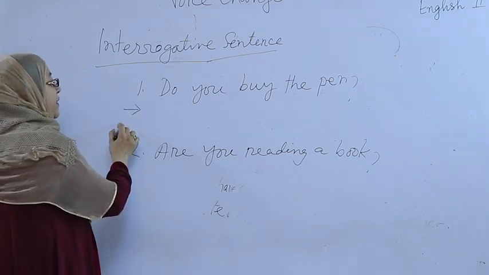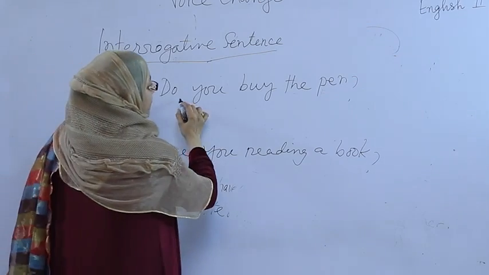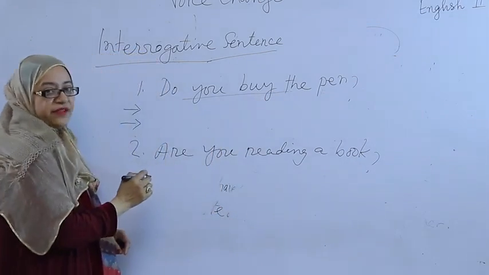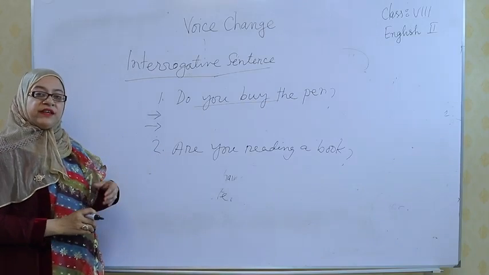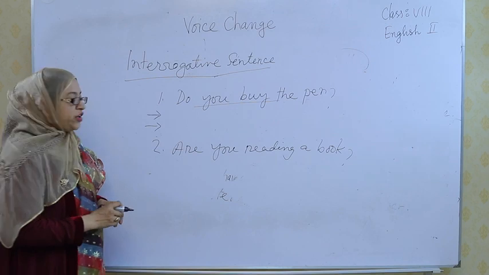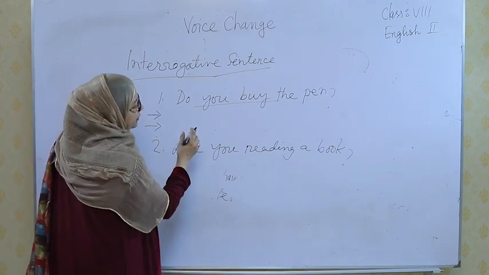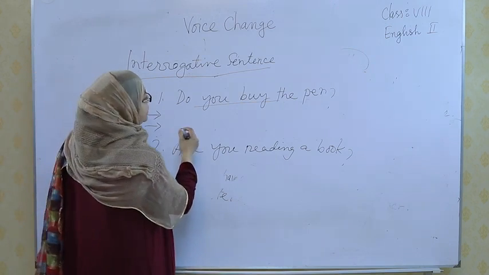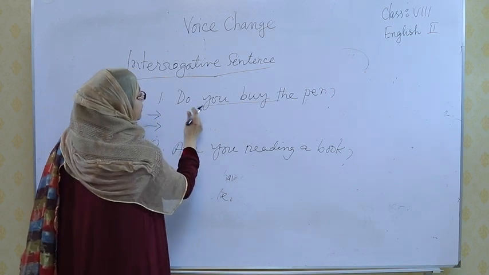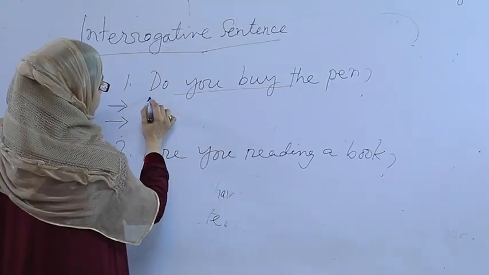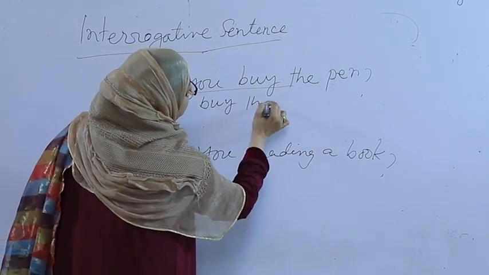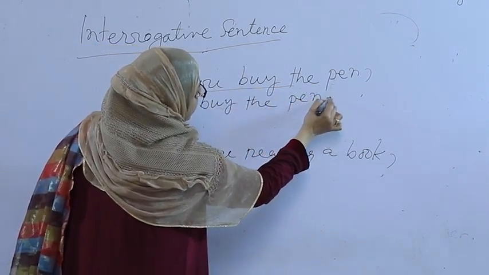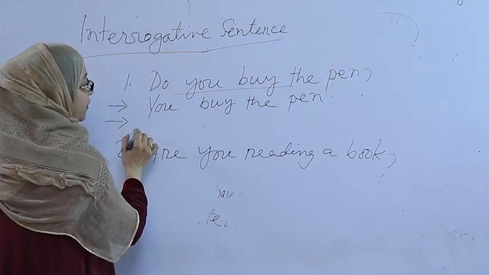If you turn it into passive, at first you make the sentence an assertive sentence. If you turn it into an assertive sentence, then it is very easy to change it into interrogative. So I change it into an assertive sentence: You buy the pen. And I turn it into passive.